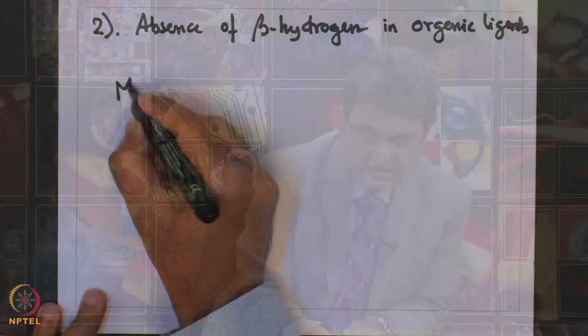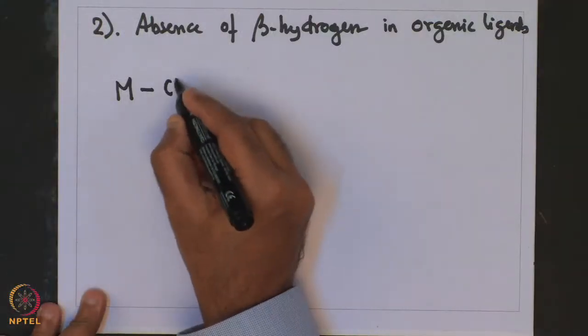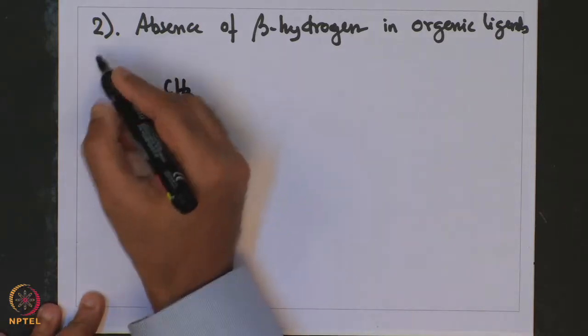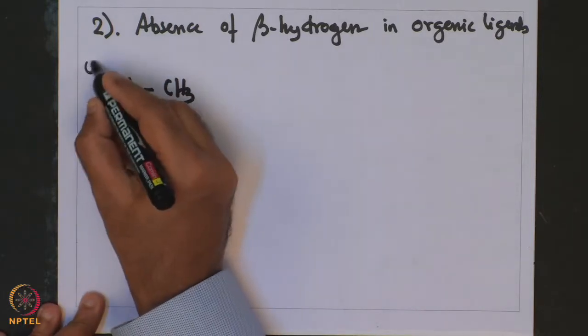So, obviously, this is a very effective approach in enhancing the stability of transition metal sigma alkyl complexes, and as a result several new types of ligands have been developed. For example, one can have a methyl moiety. These are unidentate ligands.